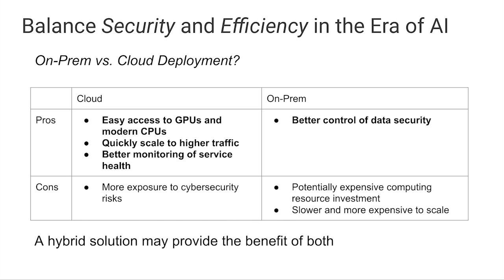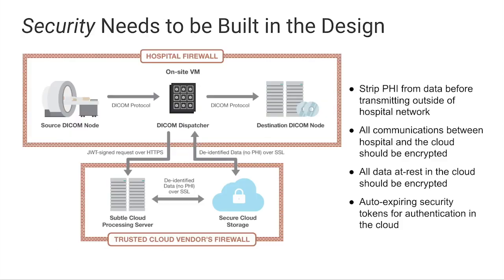It's also very slow and very expensive to scale if you want to expand your AI application to more images, more data, more patients. So in our opinion, a hybrid solution provides the benefits of both solutions.